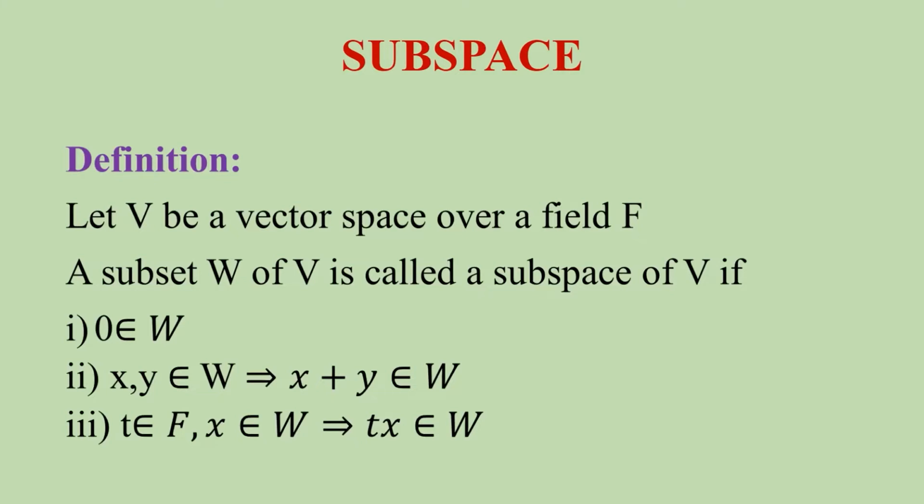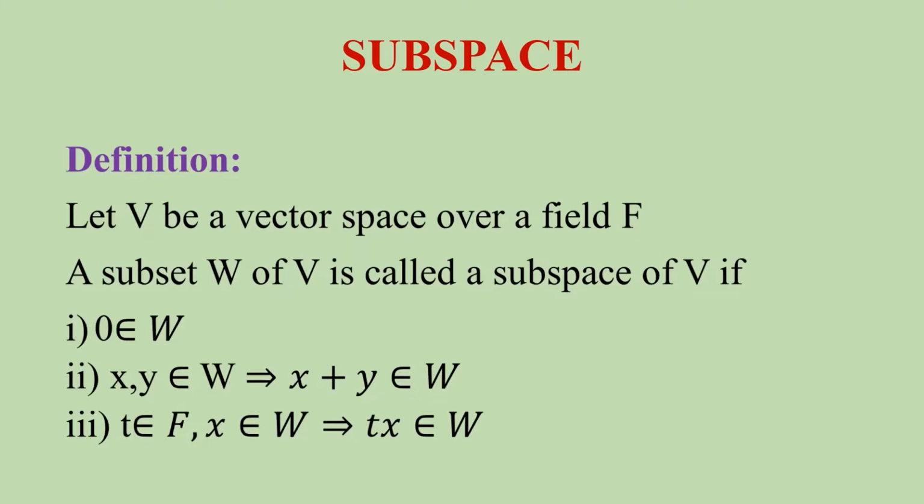Then, for two scalars alpha and beta in the field and a vector U in V, alpha times (beta U) is equal to (alpha beta) times U. And the last one is 1 times V is equal to V times 1 is equal to V for all V in V. If all of these conditions are satisfied, then we say the non-empty set V is a vector space over the field F.